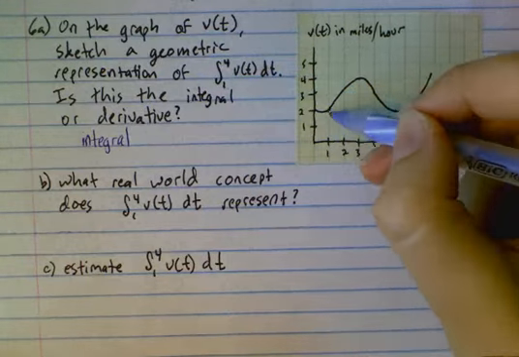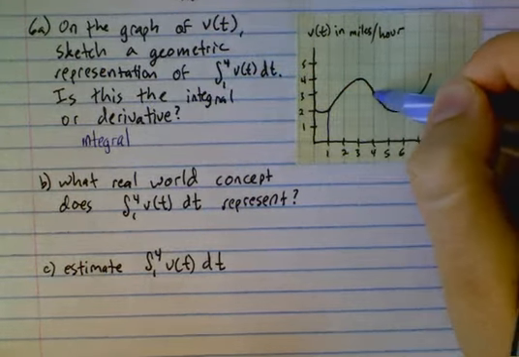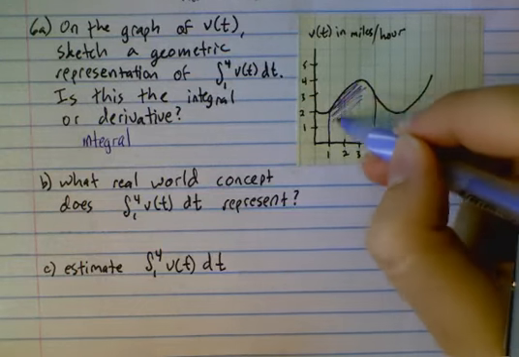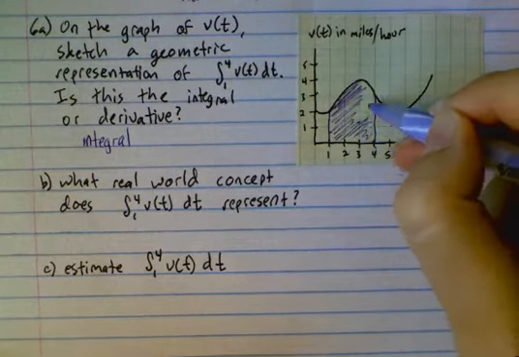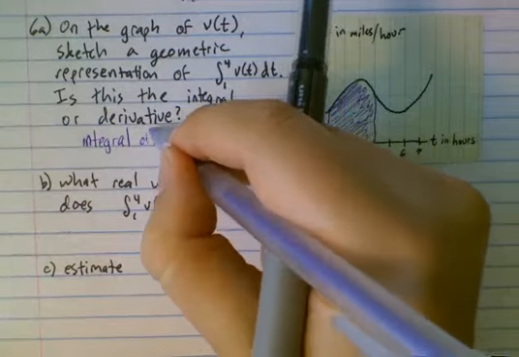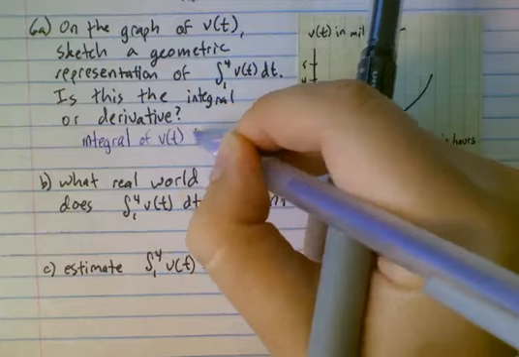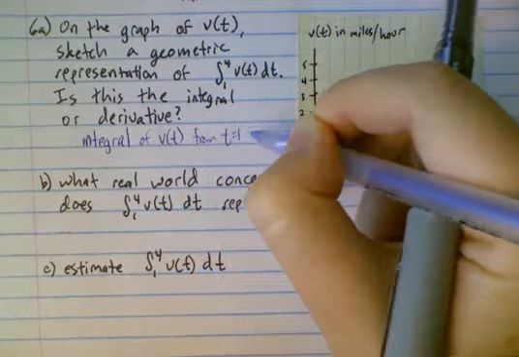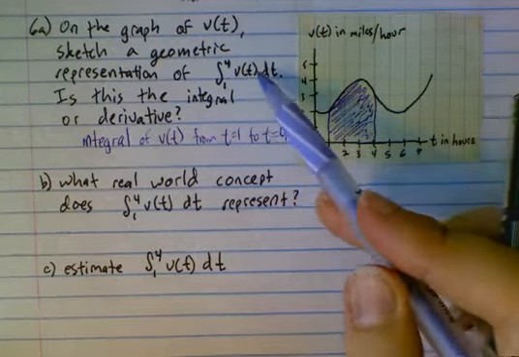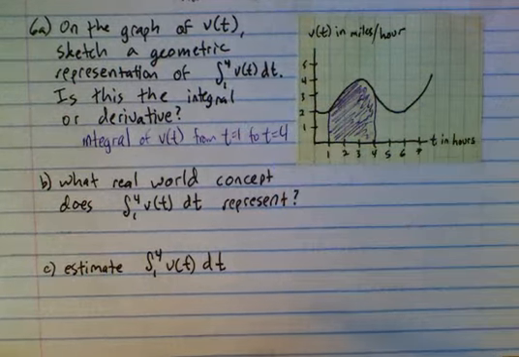They're the only two numbers we've got, so we're probably looking at the area under the curve between 1 and 4. And indeed, that's what this means. It means the integral of v of t from t equals 1 to t equals 4. Right there, from 1 to 4.